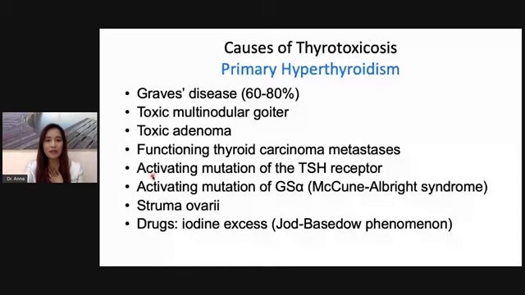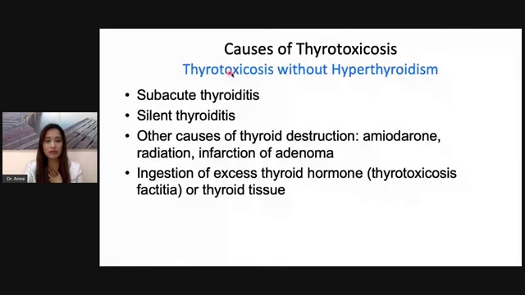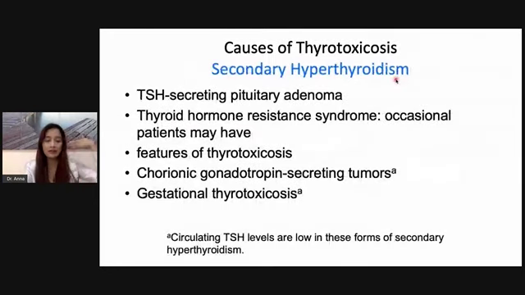Thyrotoxicosis without hyperthyroidism, as I mentioned earlier, usually these are your thyroiditis conditions. Secondary hyperthyroidism, everything from the pituitary or central, you have your TSH producing pituitary adenoma, and even your chorionic gonadotropin secreting tumors, and of course your gestational thyrotoxicosis.